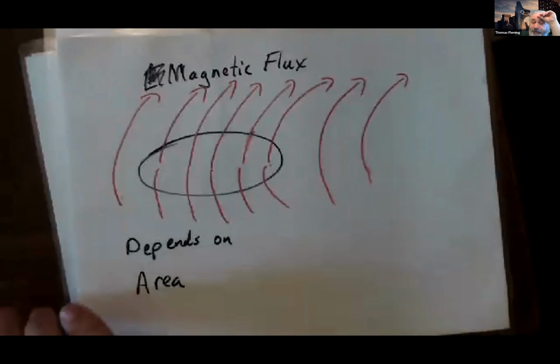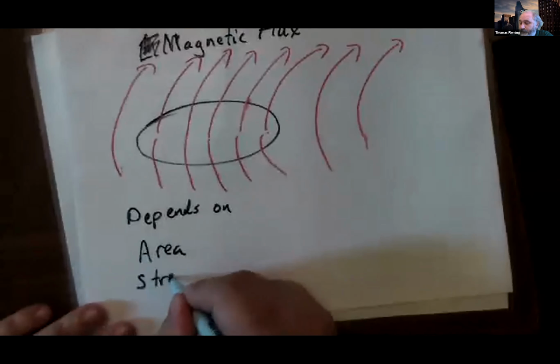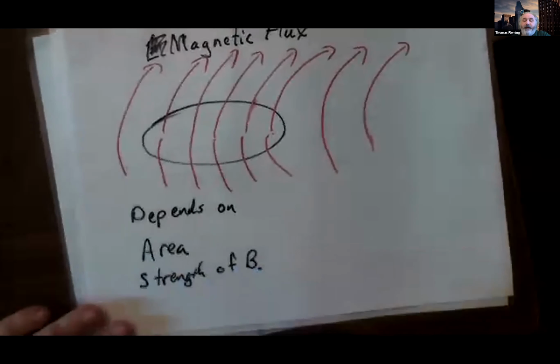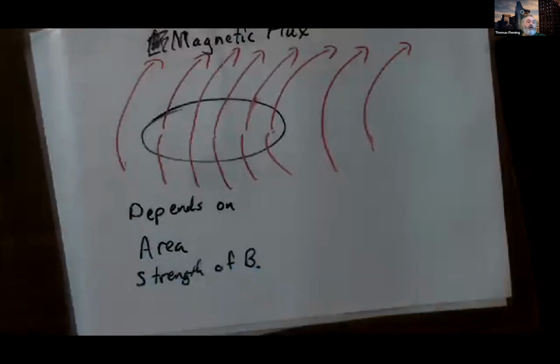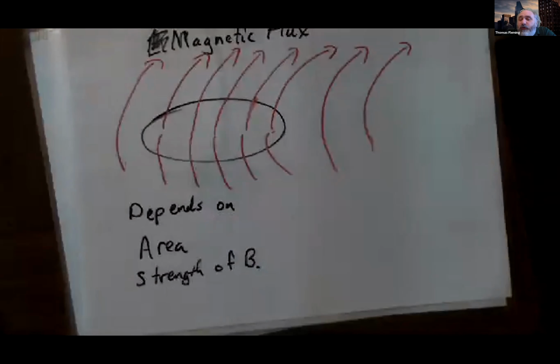Now, the other thing it's going to depend on is the strength of the magnetic field. Here's how I know that it's going to depend on the strength of the magnetic field. So if the magnetic field is stronger, the way that I would illustrate that is, remember that the magnitude of my vector depends on the density of the lines.